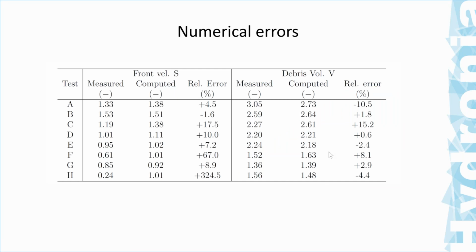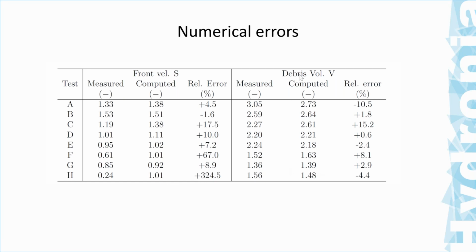These are other results. I won't go into the details here, but for the most part, the relative error, in this case of the frontal velocity, measured versus computed, is very close. There is a difference in one case that we are still looking at. It's a very big difference between the model and the frontal wave. We still are not clear why this is occurring, but we are looking into that.